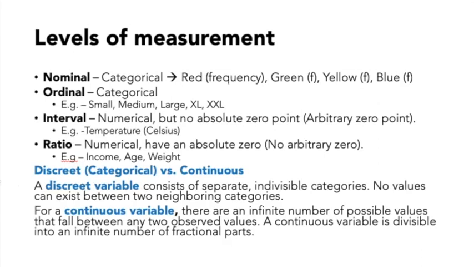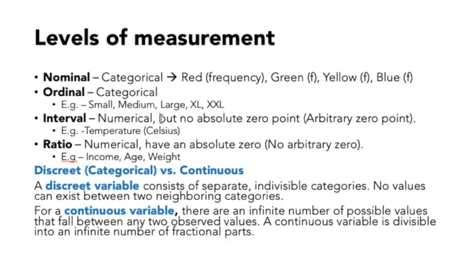But unlike them, if you go to interval and ratio, the story is a little bit different. Now, with the interval scale, you would find everything to be numerical. There are no categories, but if you measure something using the interval type of measurement, you would deal with numbers.